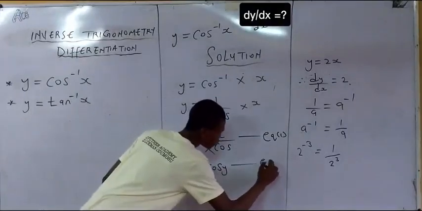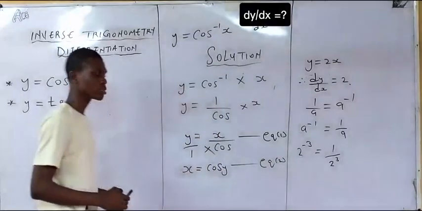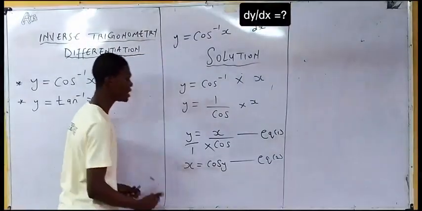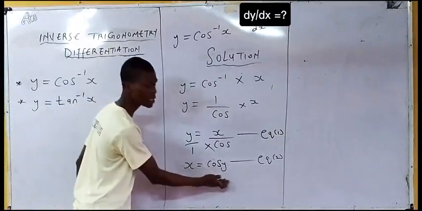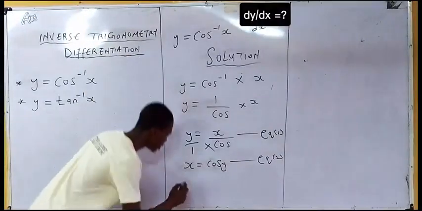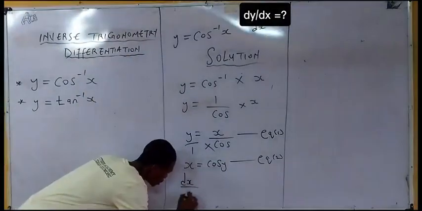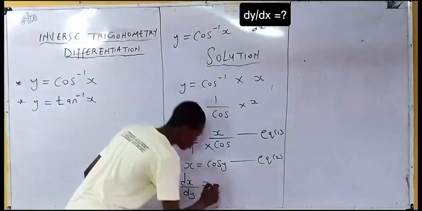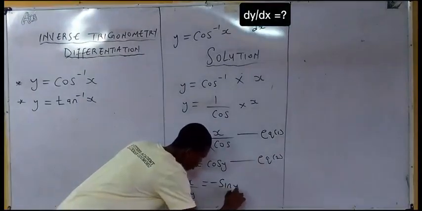Call this equation 2. From equation 2, by the time you differentiate, you have dx over dy, meaning that y is a function of x. Then dx over dy is equal to minus sine y.